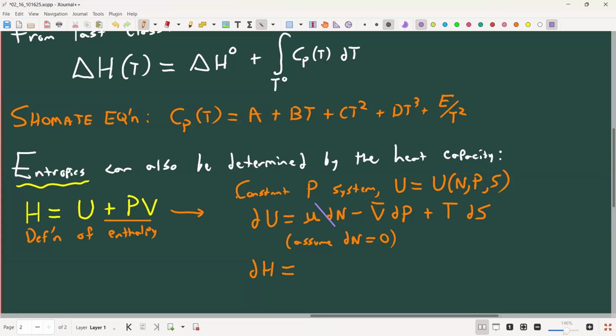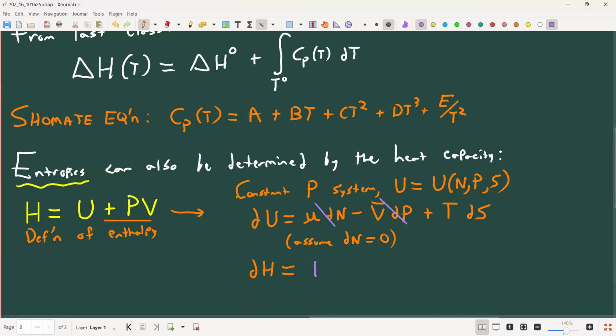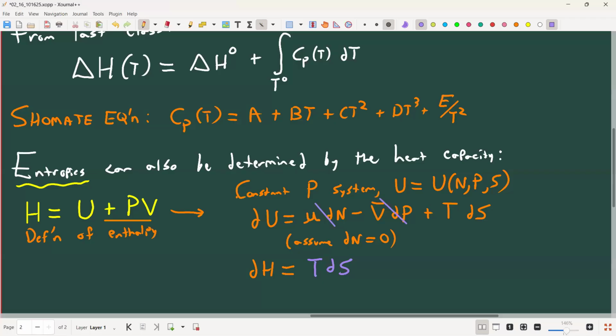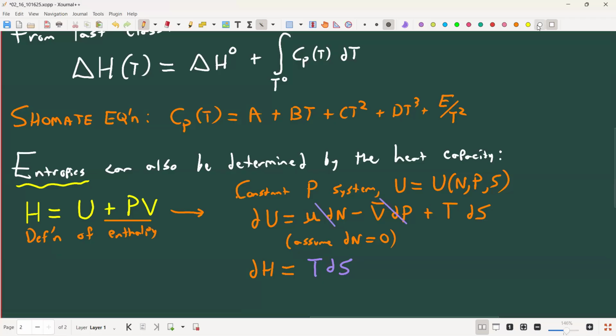So this goes away as well. And so we're left with, at equilibrium, that dH is equal to TdS. So now we have a direct relationship between enthalpy and entropy. For a system at thermal equilibrium, the change in enthalpy is equal to the temperature of the system times the change in entropy.